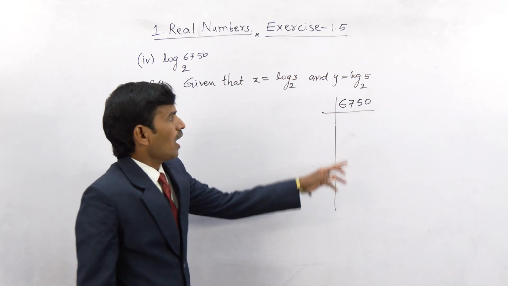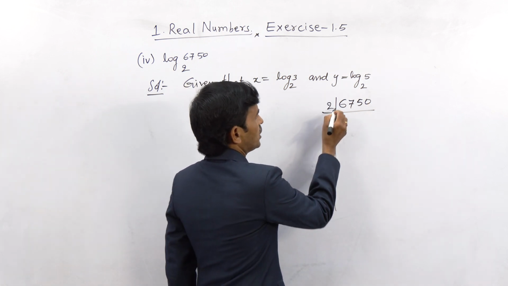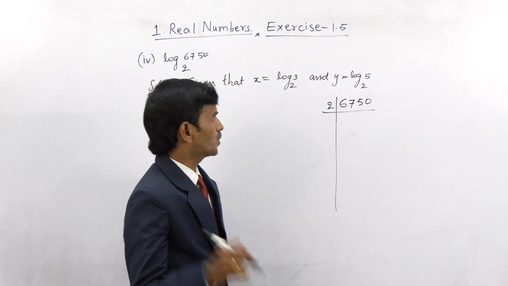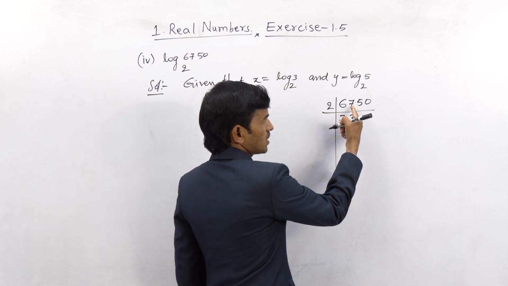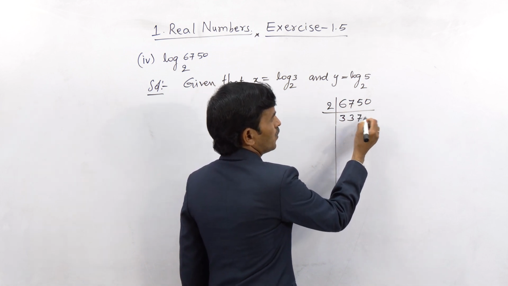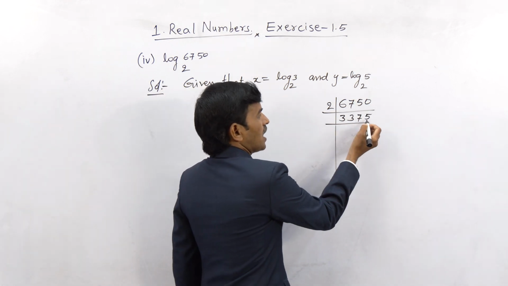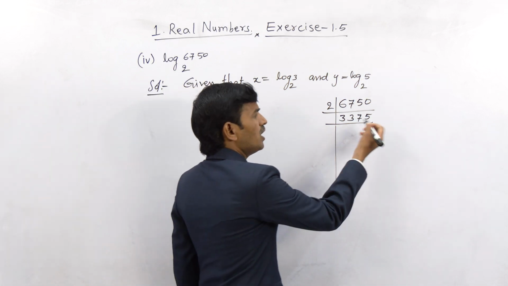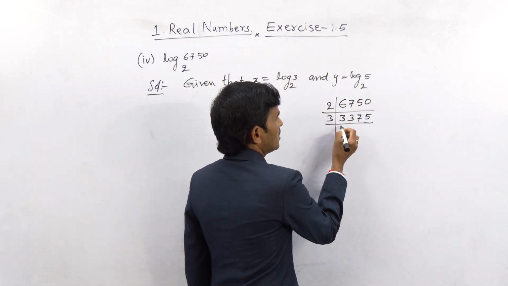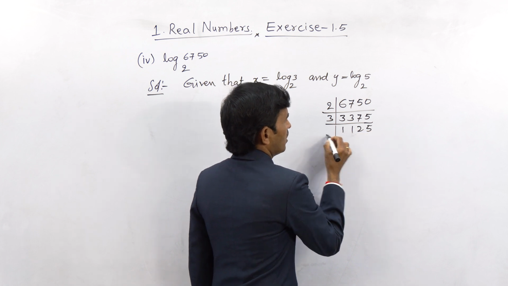See that as the units digit ends with 0, we can divide it by 2 according to the rule of 2. 2 3s are 6, 2 3s are 6, 1 left over, 2 7s are 14, 2 5s are 10. Next, as this digit ends with 5, we can check it with 3 or 5. 3 ones are 3, 3 2s are 6, 3 5s are 15.